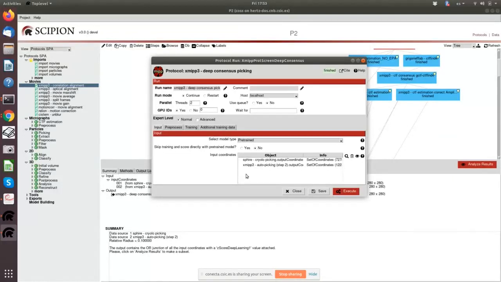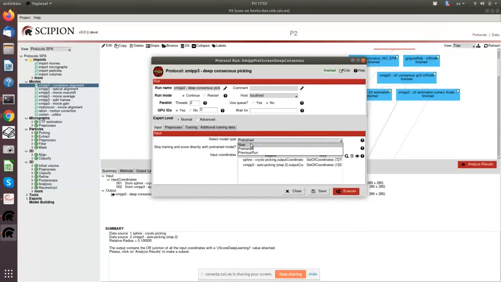So it looks more or less like the one that we had before, but now it has much more capabilities. As with all neural networks, you can start from a pre-trained network that we have trained, or you can start completely from scratch.